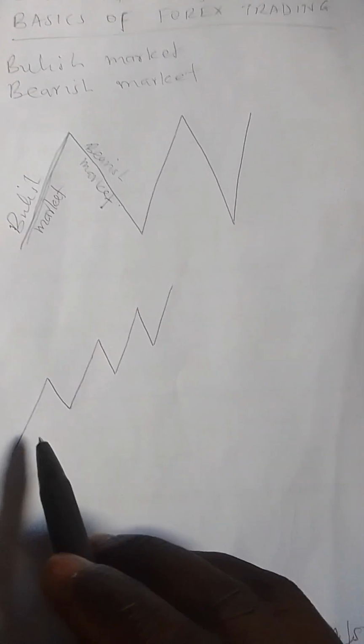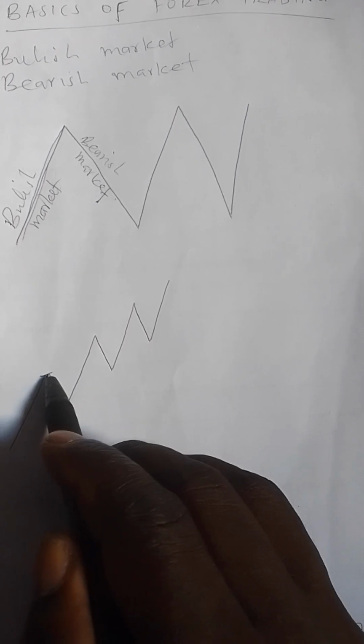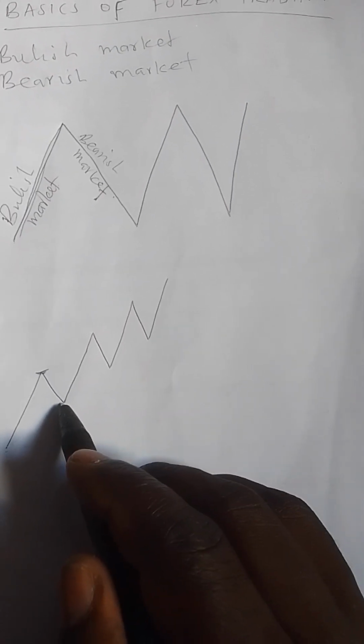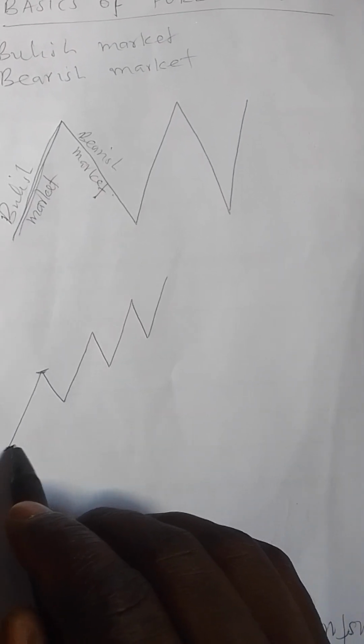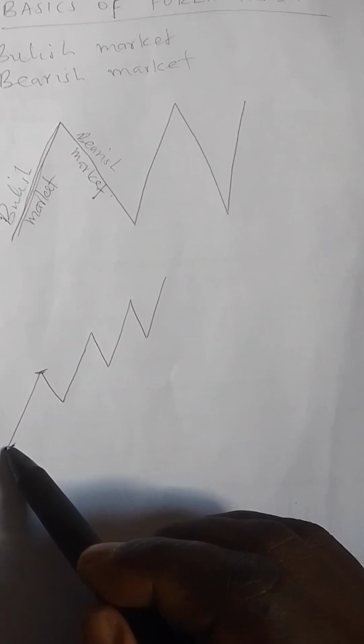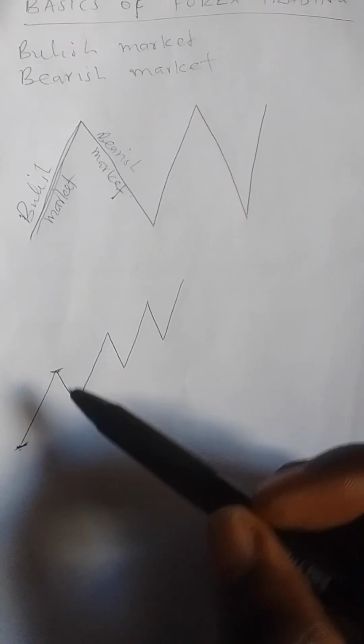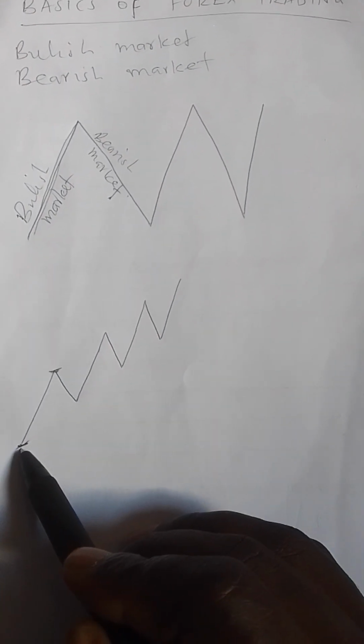For you to know that this market is moving up, you will look at the upper and the lower. You will realize that this market started at this point, it moves up to this, which is called upper, then this one here is called the lower.